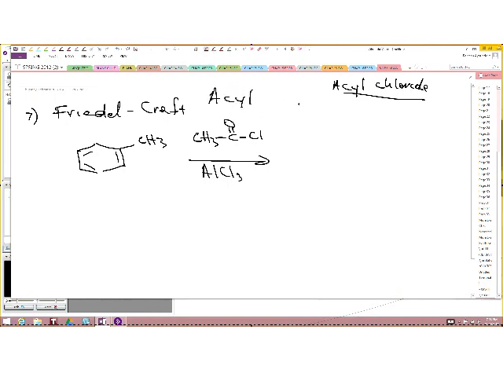Friedel-Crafts acylation, sorry about that. Take any acid chloride in the presence of aluminum chloride. We then obtain, in this case, the methyl group is an ortho para director. So we could get an ortho product plus a para product. So let us simply show the para product.